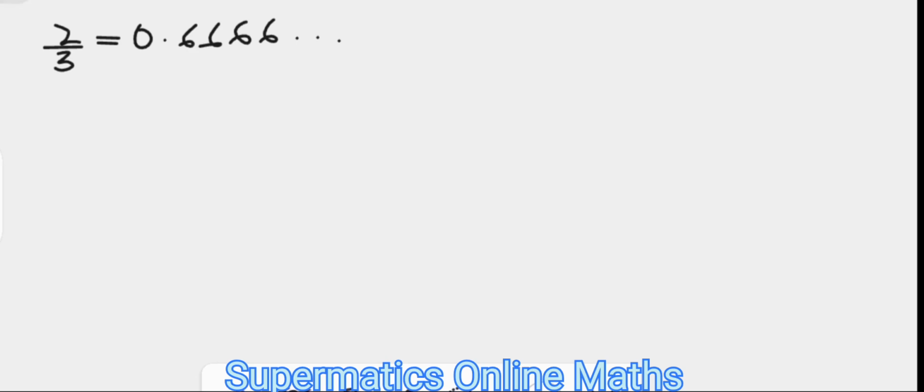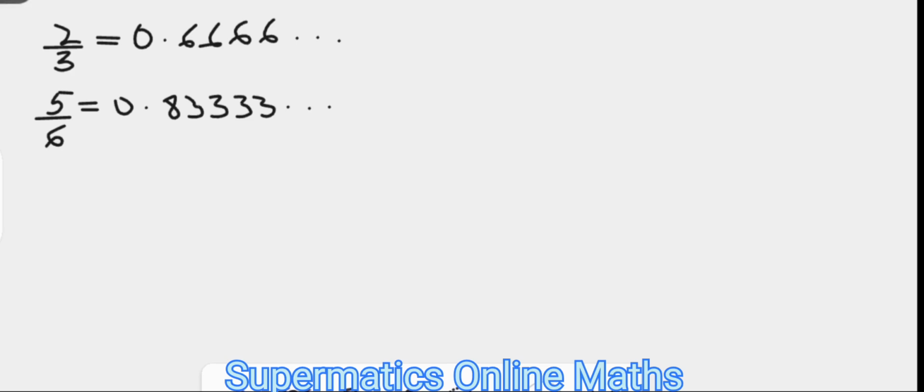We've got 5/6. This converts to 0.83333, adding the ellipses to show that the 3 continues indefinitely.